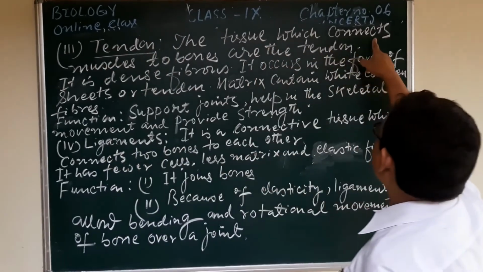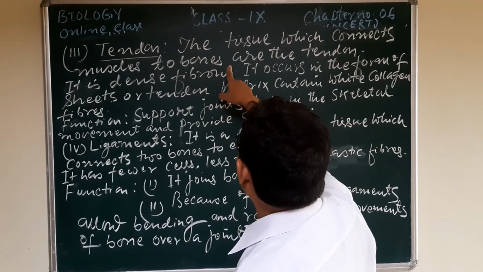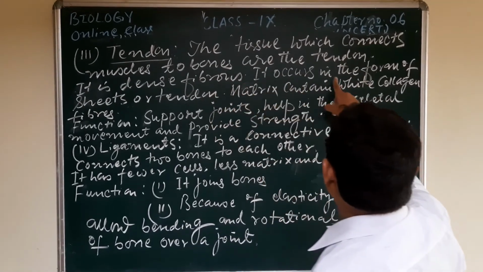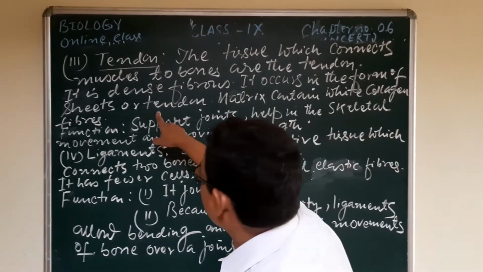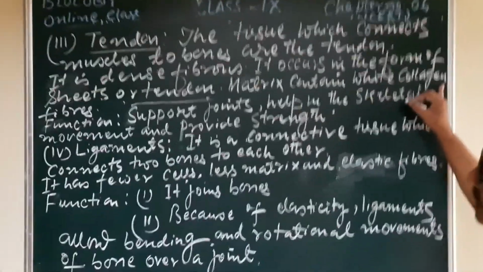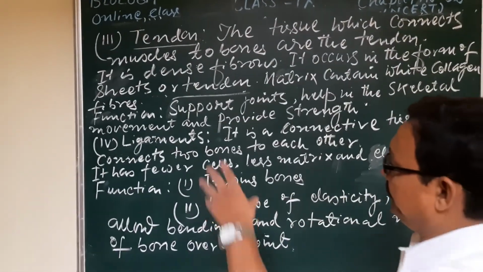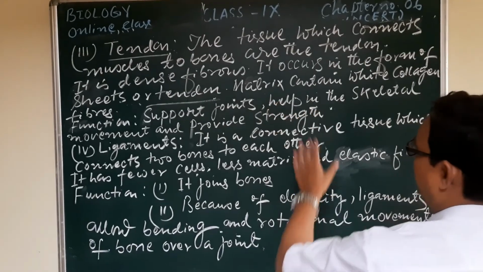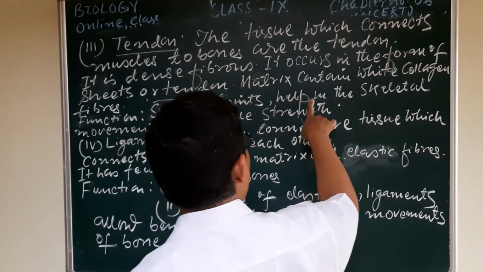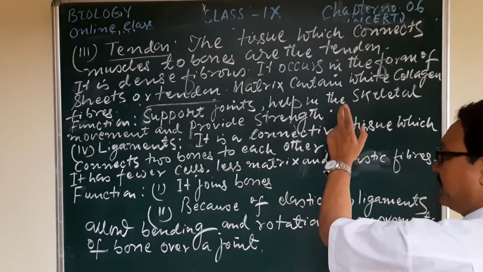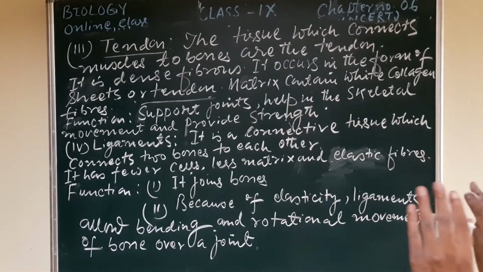The tissue which connects muscles to bones is the tendon. It is dense and fibrous, occurs in the form of sheets, and is known as the tendon. The matrix contains white collagen fibers. Function: supports joints, helps in skeletal movement and provides strength. So this is the tendon.